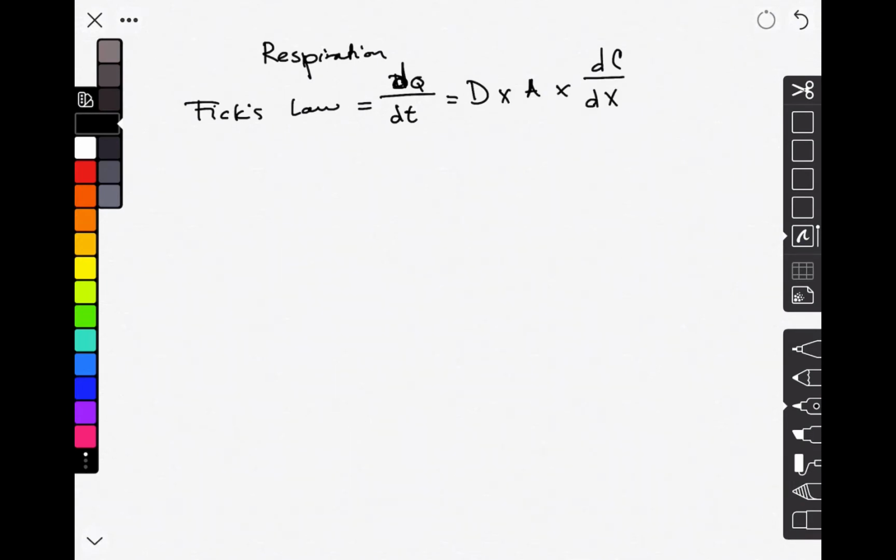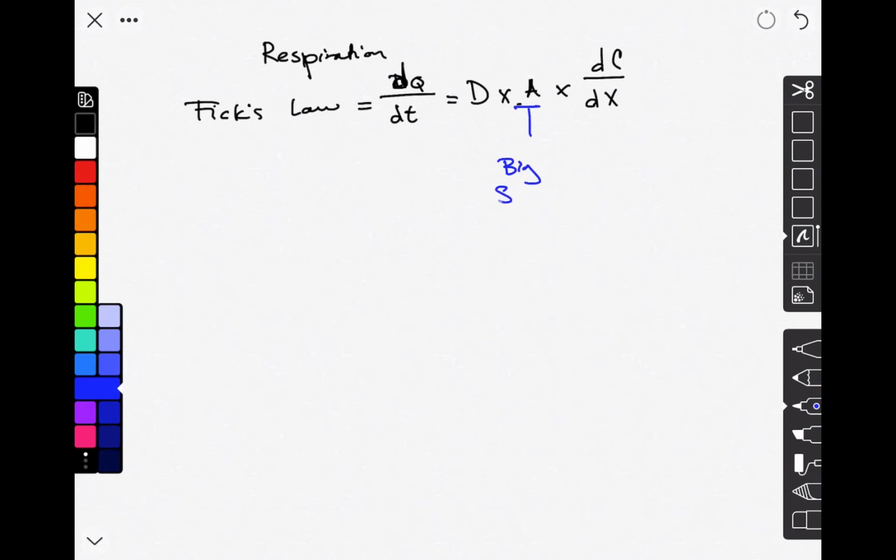Okay, so what this means is that if we've got a big surface area, we're going to have better diffusion or a better rate of diffusion. And if we have a greater concentration difference between the two sides, this means a greater diffusion.